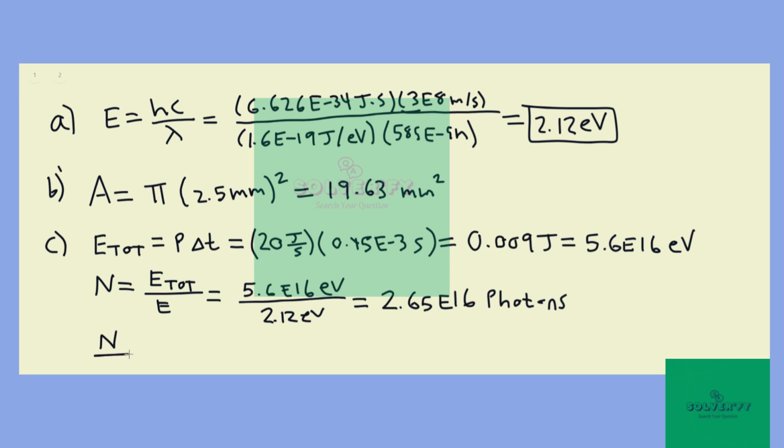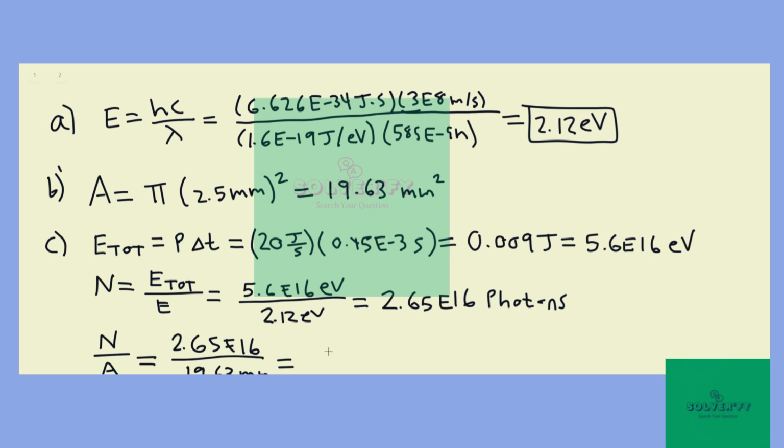So N over area, you can take two numbers you already know: the 2.65 times 10 to the 16 divided by the area we found to be 19.63 square millimeters.